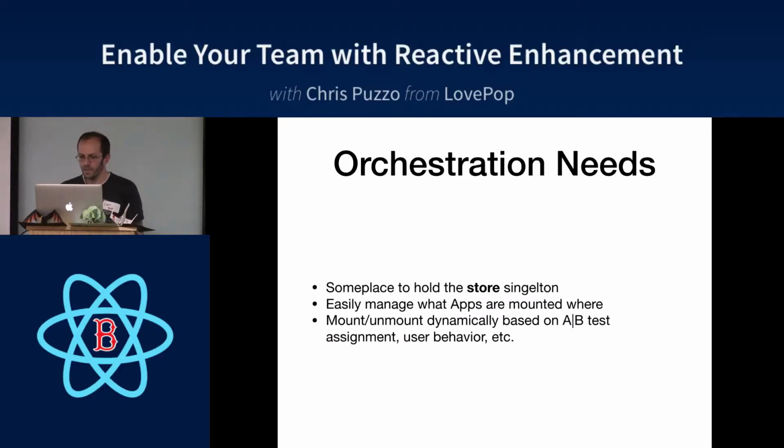So okay, cool. Now if we have a lot of these different pieces, some using portals, some not, we have an orchestration problem, right? What we need is someplace to hold that store singleton. We also need the ability to easily manage what apps are mounted, where they are targeting in the DOM, and what mount sites they are at.